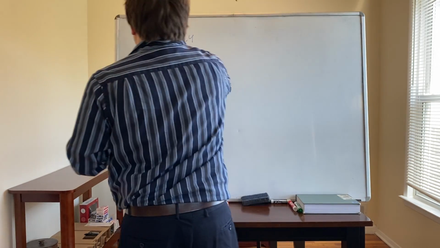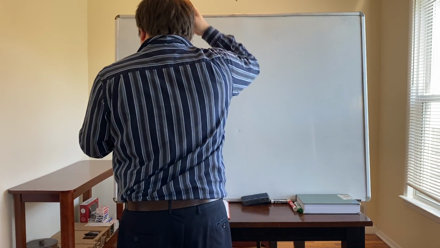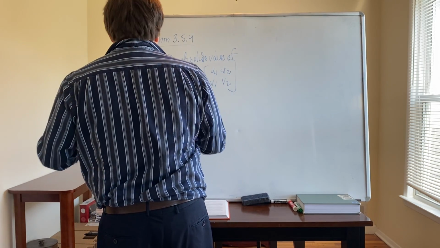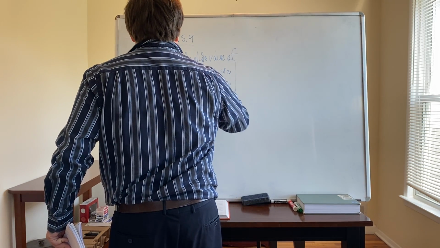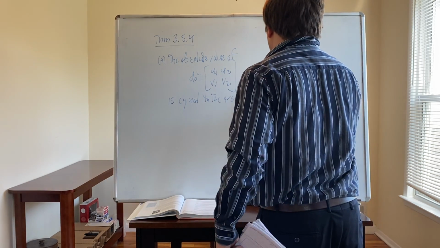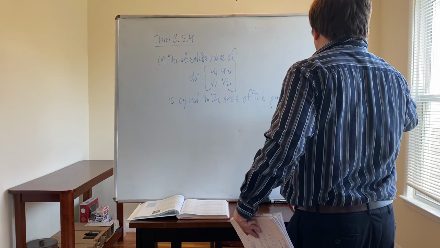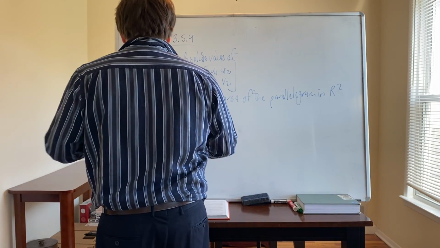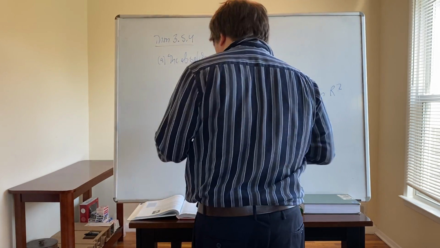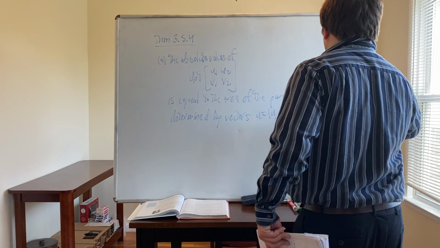So theorem 3.5.4a: the absolute value of the determinant of u1, u2, v1, v2 is equal to the area of the parallelogram in R2, I'm going to say R2 instead of two space to save room, determined by vectors U, which is U1, U2, and V, which is V1, V2.